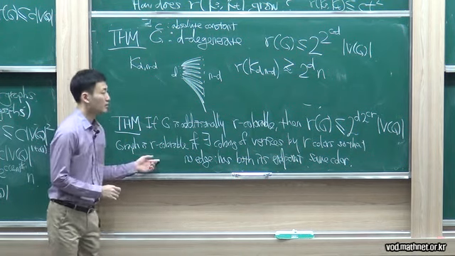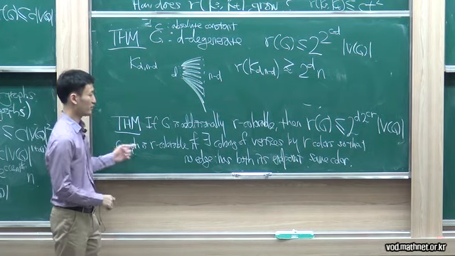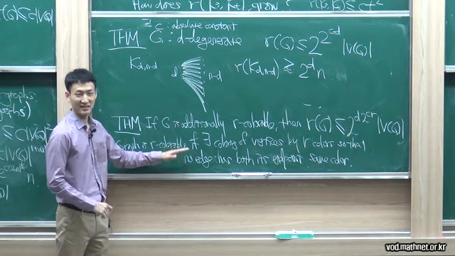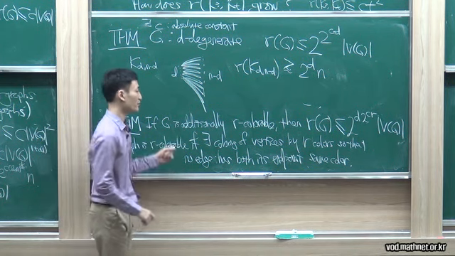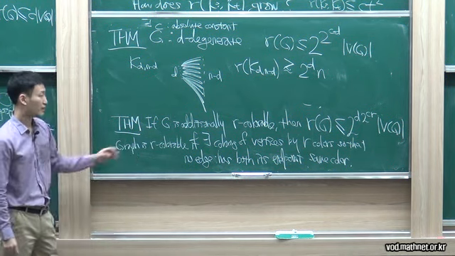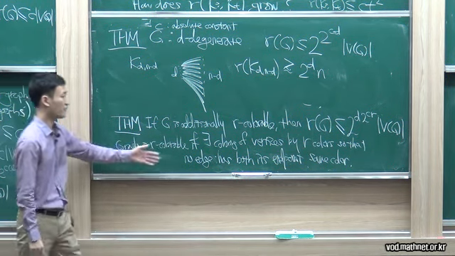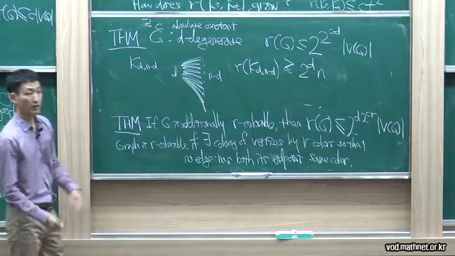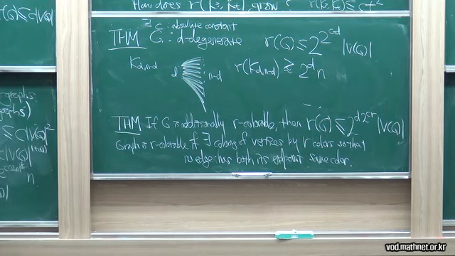For those who have never seen chromatic number before, this sounds like a very childish definition, but it turns out to be a really important parameter in graph theory. And as you can see, the coloring of vertices is related to these types of behaviors. There are a lot more surprising behaviors around that.